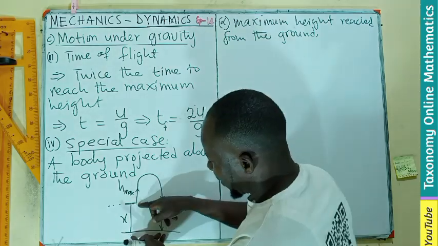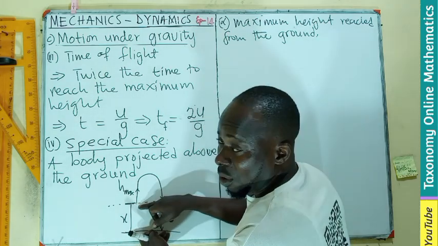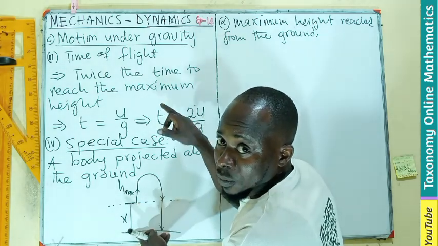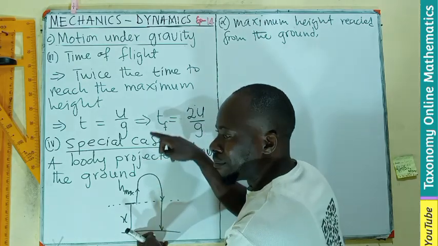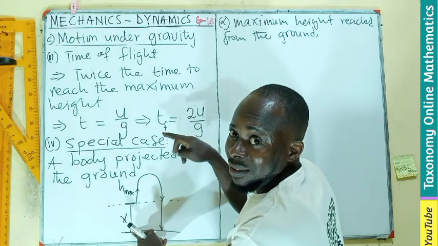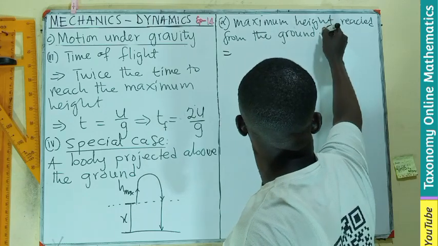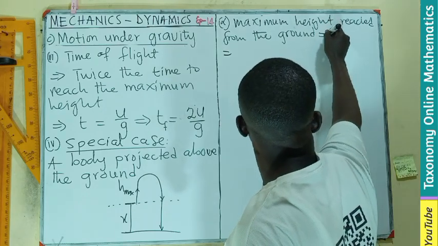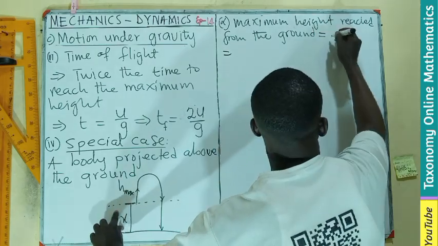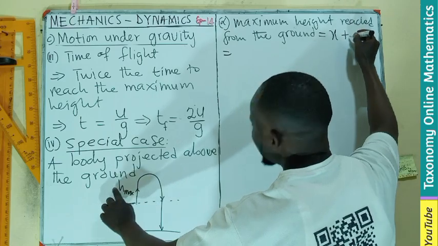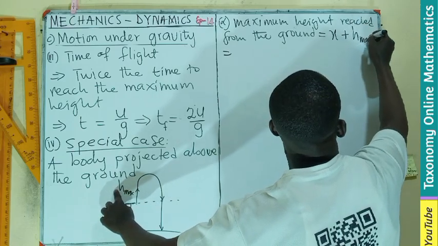The ground is here, and the body is, let's say, on top of a tower before it is thrown. Above the ground, what is the maximum height? The total height is going to be equal to the x here plus the maximum height we have.